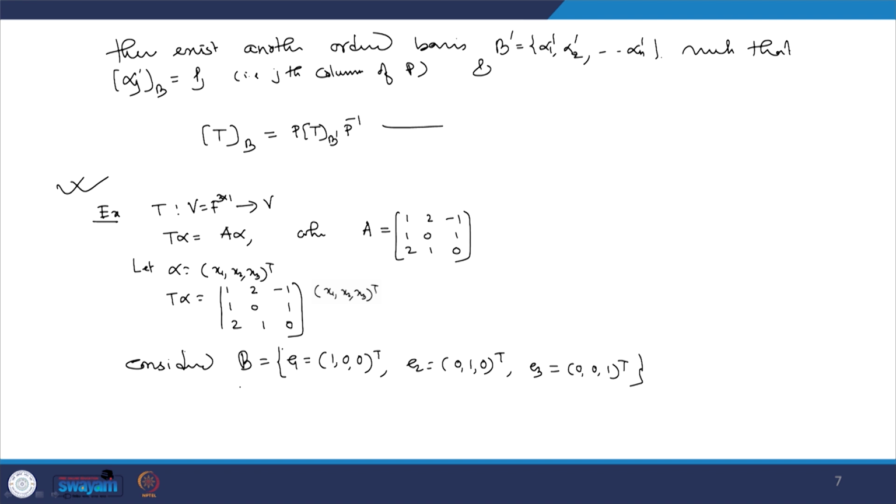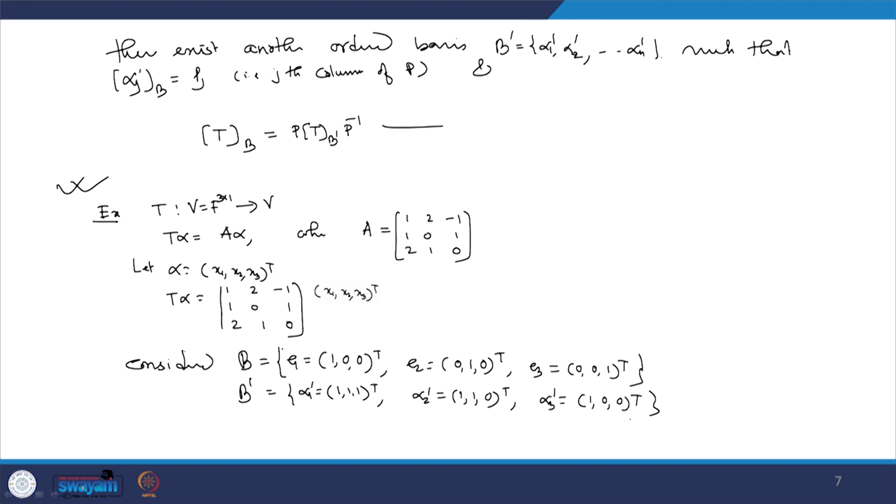And another one, say B prime, equal to say alpha 1 prime, which is equal to 1 1 1 transpose, and alpha 2 prime equal to 1 1 0 transpose, alpha 3 prime equal to 1 0 0 transpose.